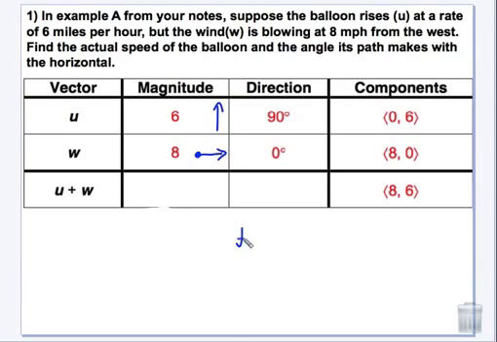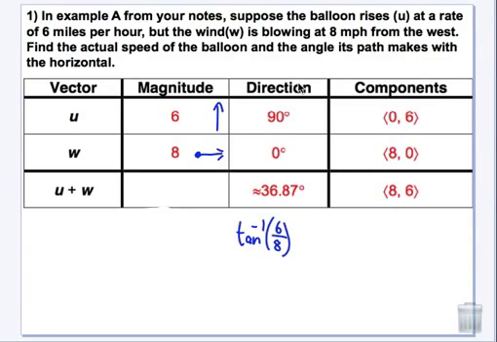So I'll do inverse tangent of 6 over 8, that's my formula. Inverse tangent of y over x. I'm going to plug it into my calculator, and the calculator tells me that the direction is approximately 36.87. If I wanted to round to 1 decimal place, I'd put 36.9.